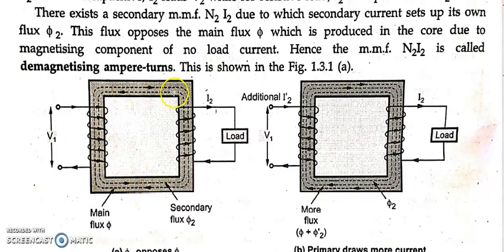You can see secondary flux flowing in the magnetic core here. And one interesting thing you can see over here is that the main flux direction and the secondary flux direction are opposite to each other. You can see main flux is going from left to right, and secondary flux is going from right to left. So both are opposite to each other.